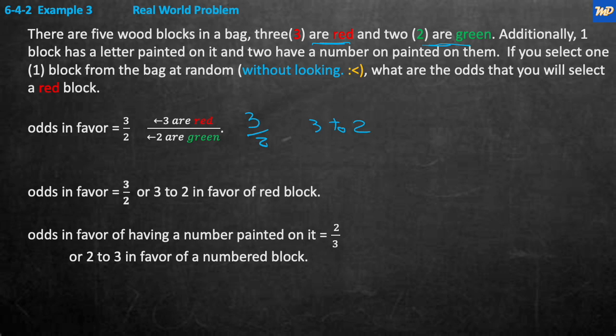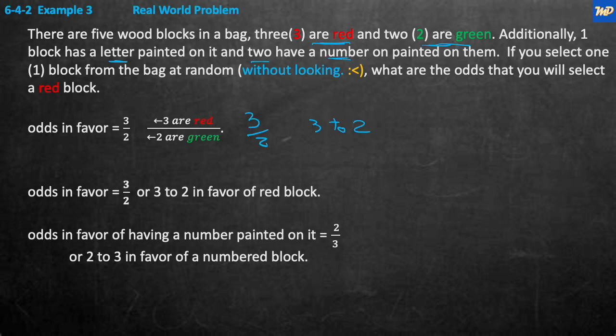The odds in favor of having a number painted on it is what? We're not worried about color here. We just want to know the odds of having a number on one of the blocks. Well, up at the top, it says there's 1 block that has a letter, and there are 2 blocks that have numbers.